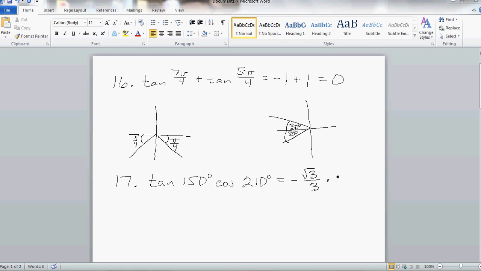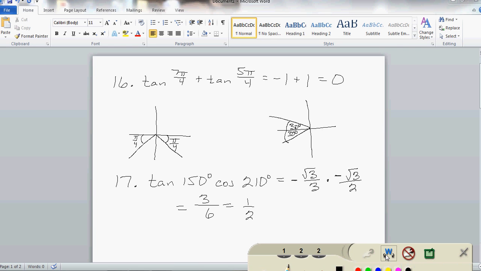Cosine is negative, so we're going to multiply by a negative, and the cosine of 30 degrees is the square root of 3 over 2. Negative times a negative is positive. Root 3 times root 3 is 3, and 3 times 2 is 6, and 3/6 simplifies to the value of 1/2.